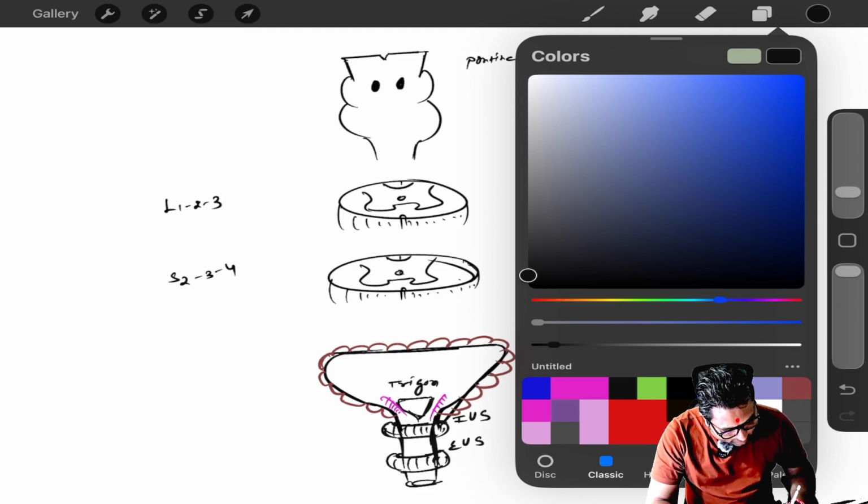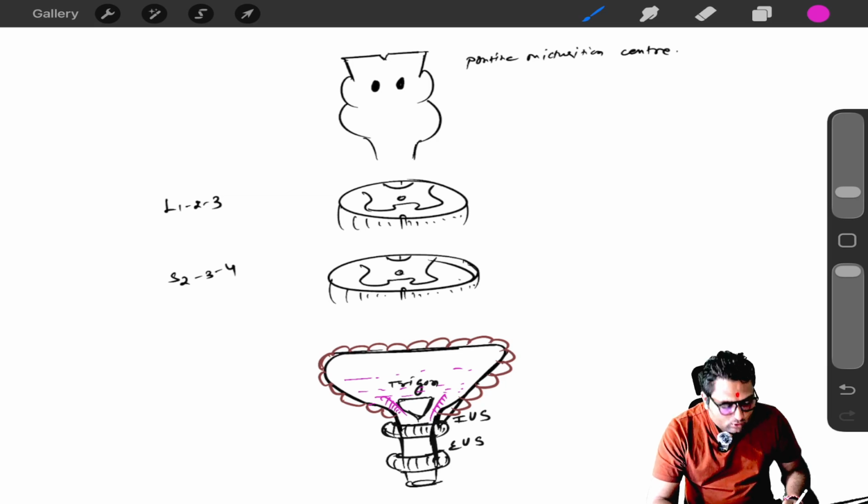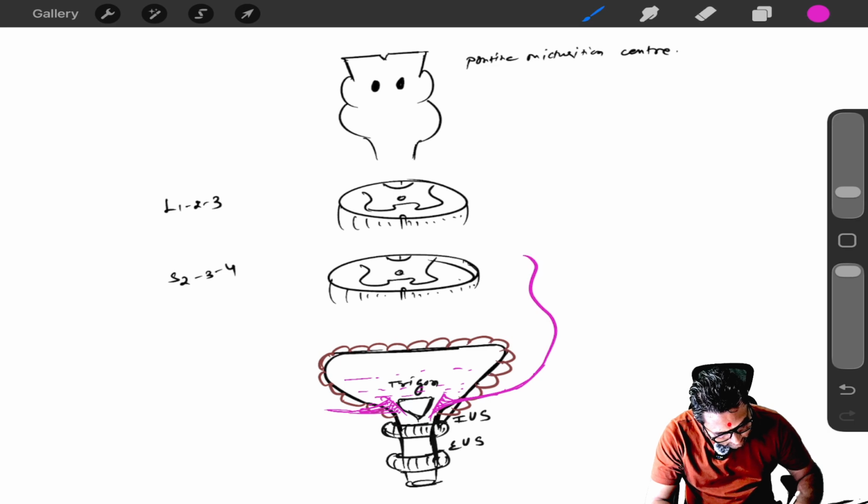Now when the bladder is filled with urine, that urine trickles down toward the trigone. From the trigone, through the sensory nerve endings, the sensation of filling, which creates the urge to micturate, is carried through these sensory fibers.